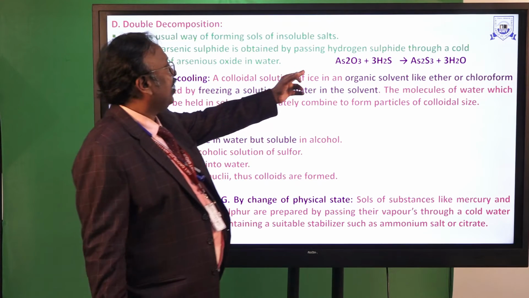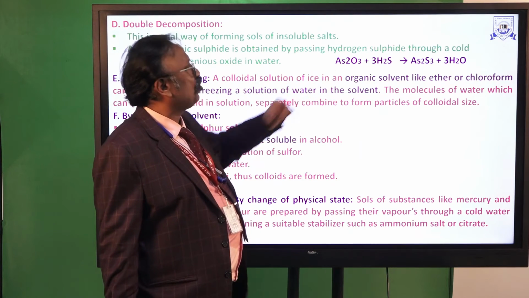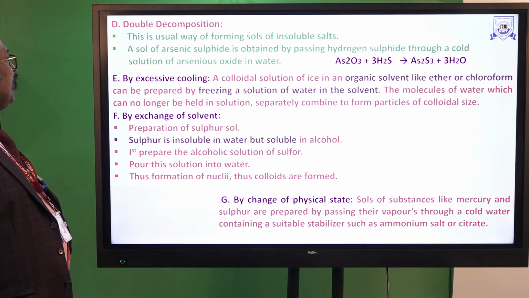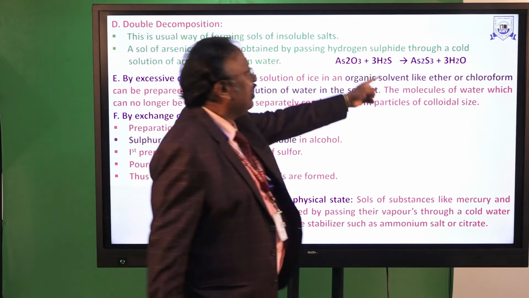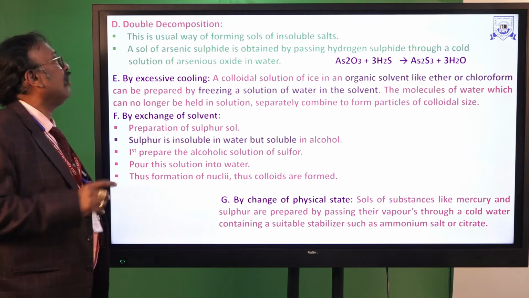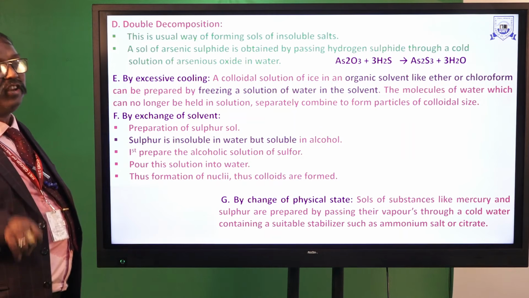Example: As2O3 plus H2S gas. Immediately we get arsenic sulfide, As2S3 sol. This is the double decomposition method; the sol is obtained.